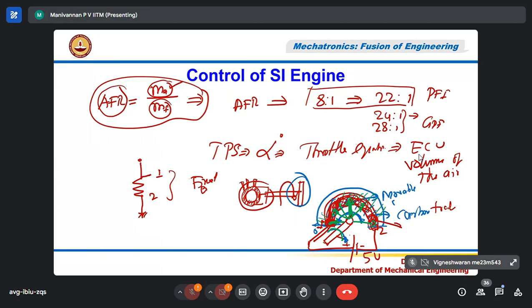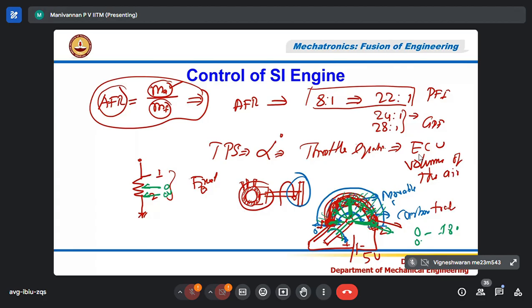So it moves from 0 degree to 180 degree. When the movable contact is in the bottom position, 0 volts appear. If you press the throttle, it comes to a new position.